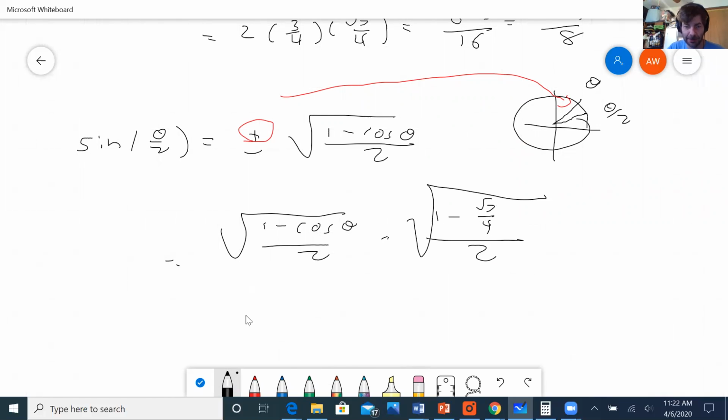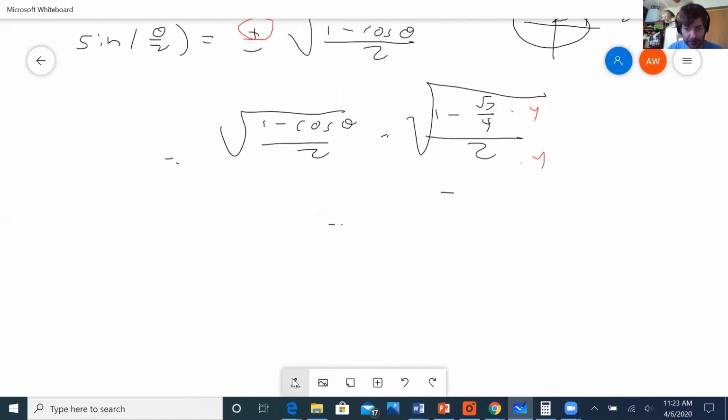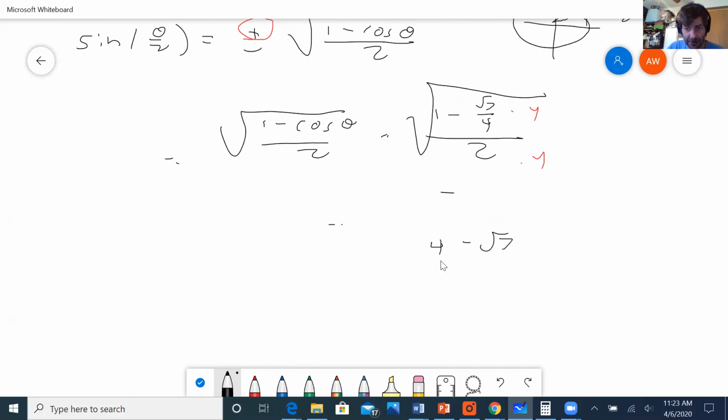So I guess simplifying this, I'm going to multiply top and bottom by 4. It's going to give me 4 minus root 7 over 8, and all that's over a square root.